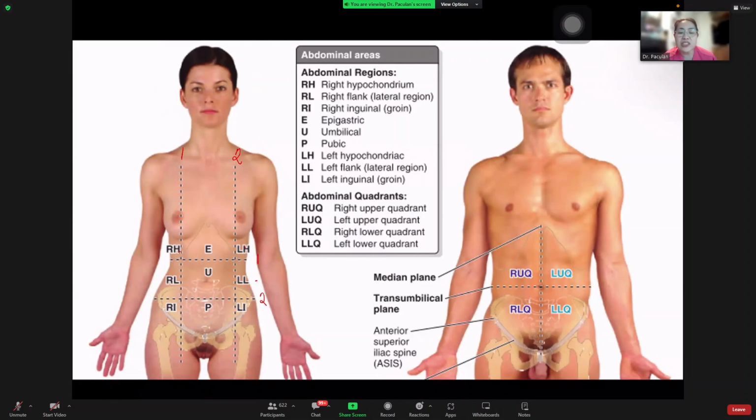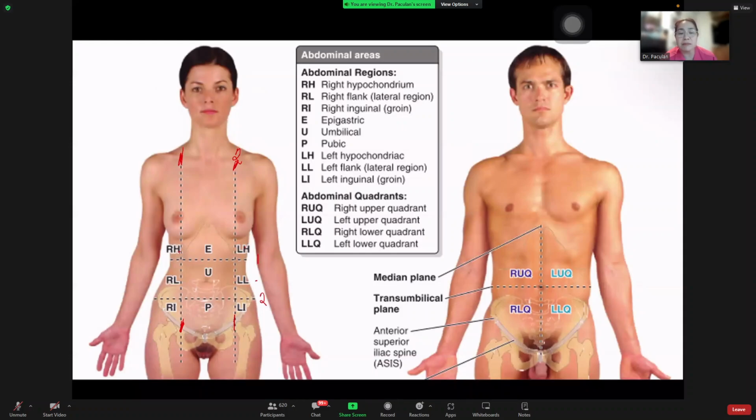The 2 sagittal planes are usually the mid-clavicular planes that pass from the midpoint of the clavicle down to the mid-inguinal point. So that's two. And then you have your transverse planes.